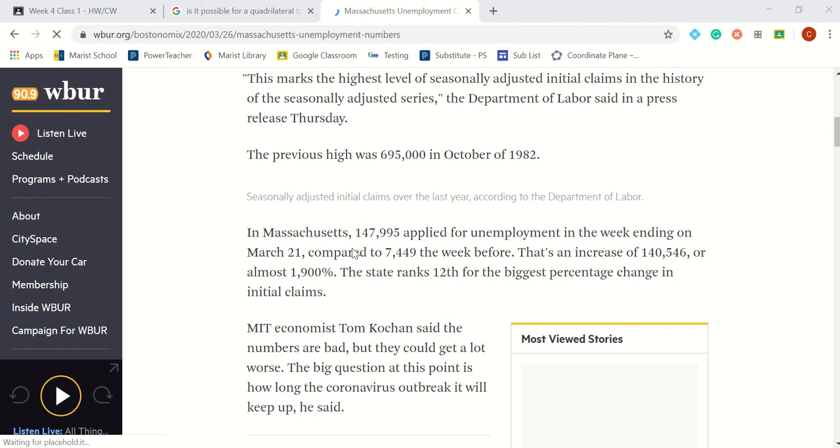So we have increased the unemployment claims in Massachusetts by 1,900%. That's an astronomical change, but you understand why it's happened, right? There has been a big situation that happened. This is not just a typical 1 week to the next. There's been a big change based off of this virus and how it's impacted society. So this is one example of things that have been going on in the real world that compares to this lesson today.